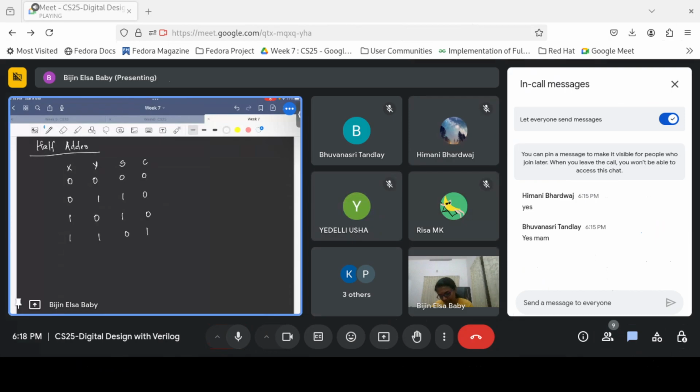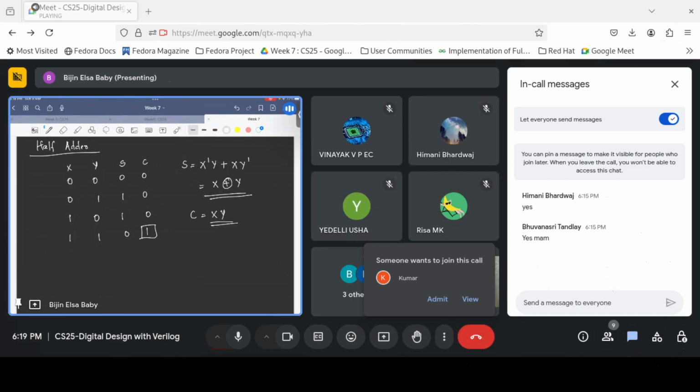So how can we write the expression for sum? X bar y plus x y bar. This is the XOR. We can write it as x XOR y. And carry is x and y. So this is a two single bit adder.